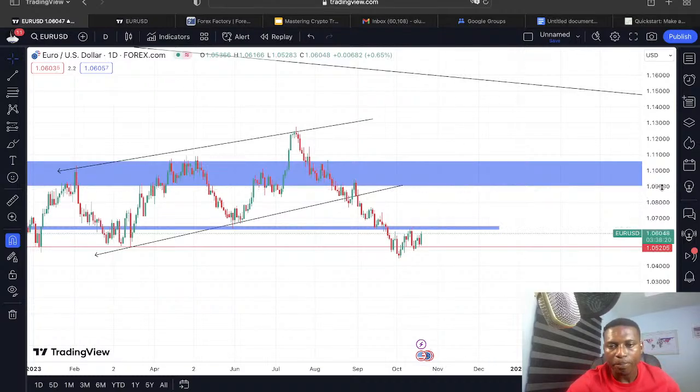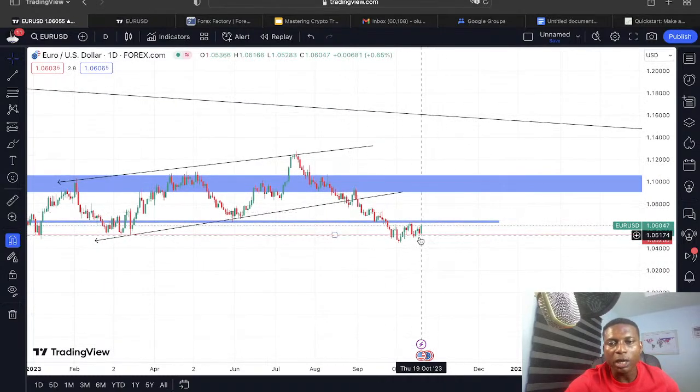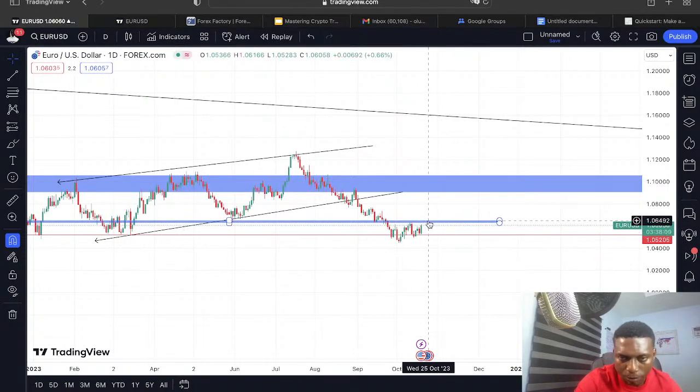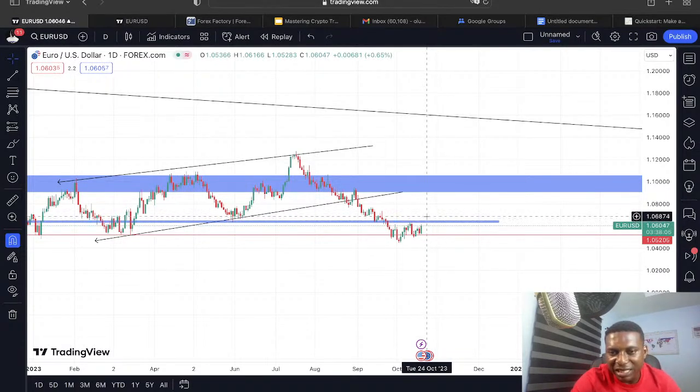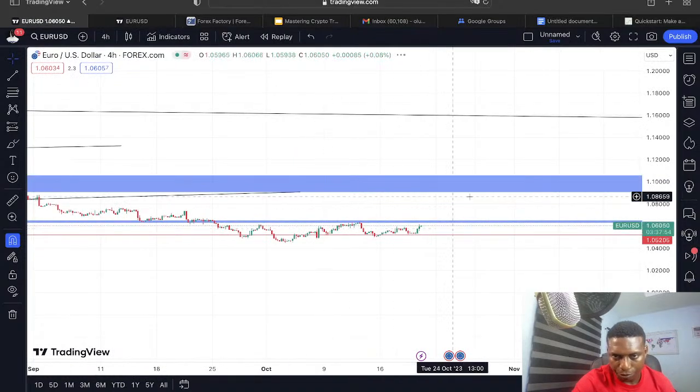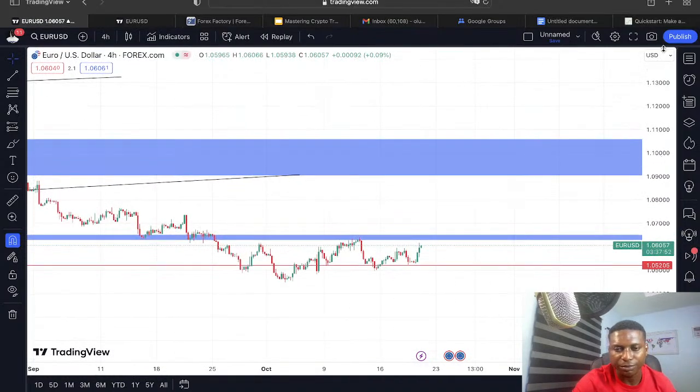Okay, now there are two things that can happen here. The high probability is price pushing back from this level, okay, and on the other hand, price breaks out of this level back to this level. Okay, so what do you want to do as an intraday trader? Let's go down further.